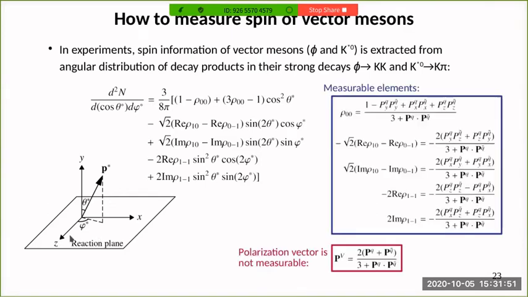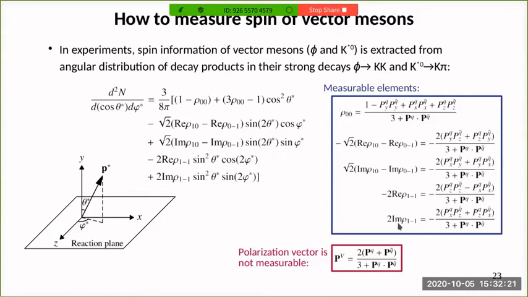By measuring this angular distribution, one is able to extract 5 coefficients from this distribution. According to our results for the spin density matrix, these 5 coefficients are related to the quark polarization given by these 5 equations.